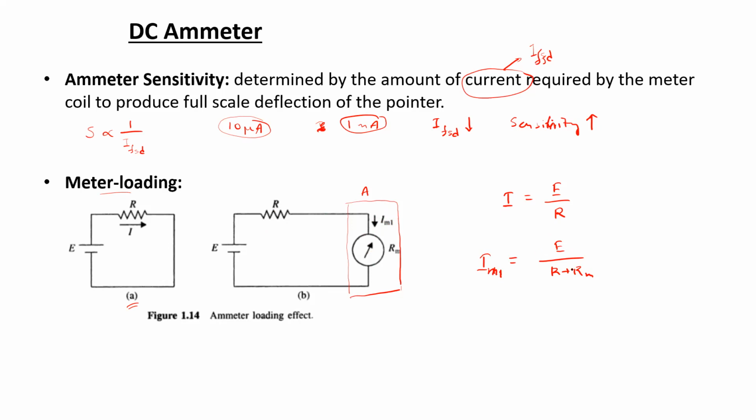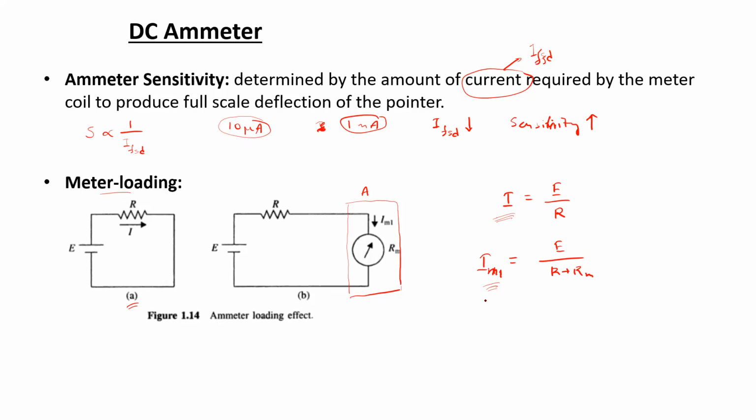Now in this case, as the resistance of the PMMC is getting added in the calculation process, the theoretical value of the current in the mesh that needs to be measured, I, and what actually gets measured, that is Im1, is not going to be equal.